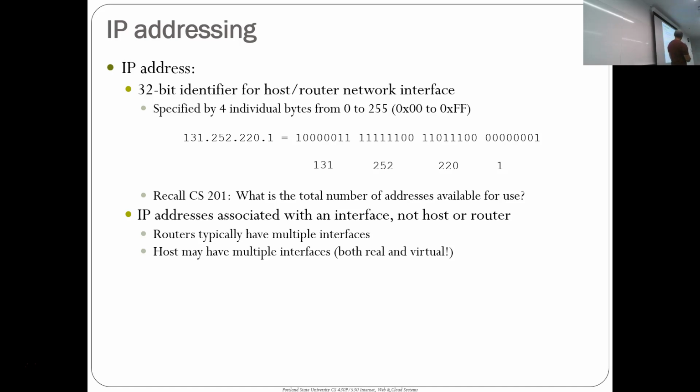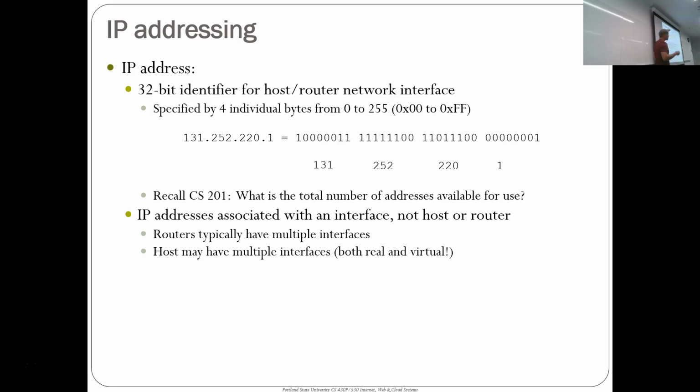So 131.252.220.1: this is 131 in binary, this is 252, this is 220, and there's 1. So 4 individual bytes, 4 decimals from 0 to 255. So if you remembered CS430 very well, what's the total number of addresses that we have approximately with 32 bits? Who's got it in their head? 4 billion, about 4 billion addresses.